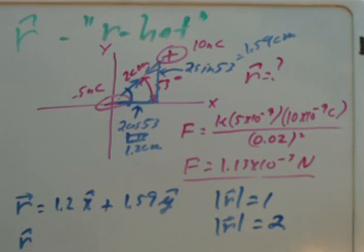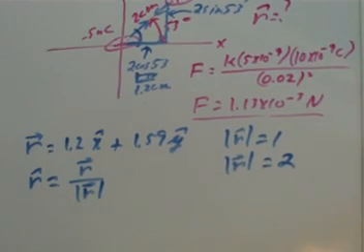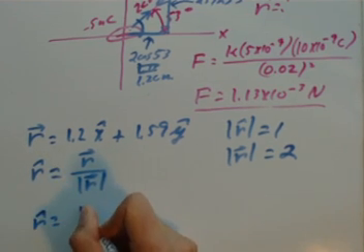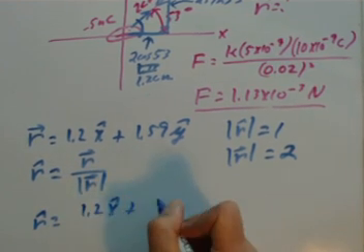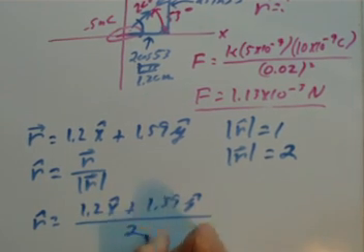So how do we get r hat from r? All we do is take that r vector and divide it by its magnitude. If you take a vector and divide it by its magnitude, you will get a vector of length 1. So let's proceed to do that. The r hat vector would be 1.2 x hat plus 1.59 y hat over the magnitude, which is 2.